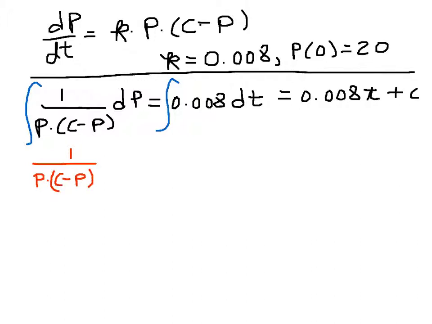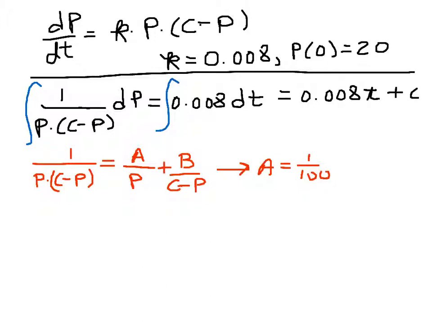And what we say is, okay, that could have come from a over p plus b over c minus p. And if we go through our regular process of adding these two fractions together, what we'll get is that a is equal to 1/100th and b is equal to 1/100th.